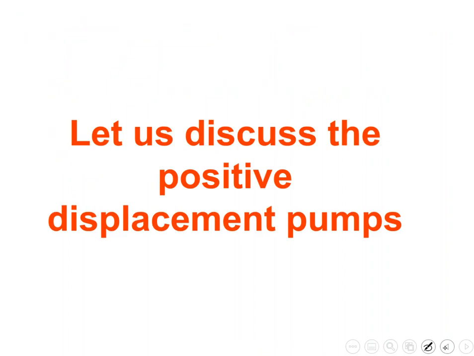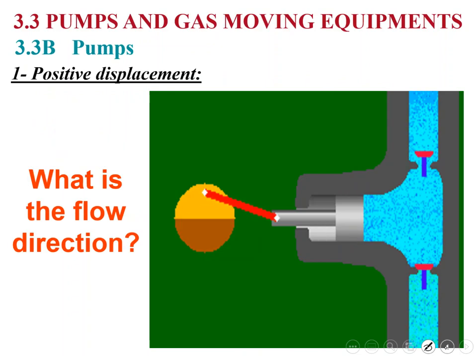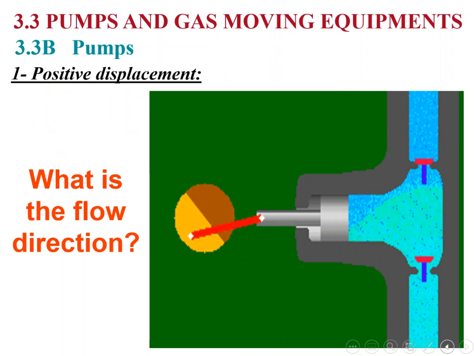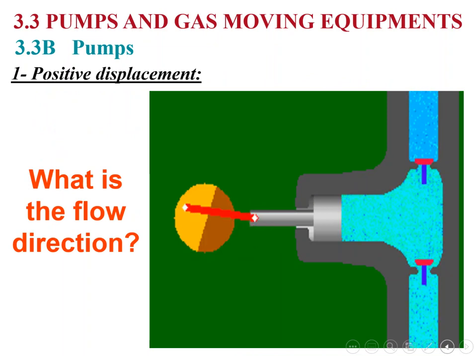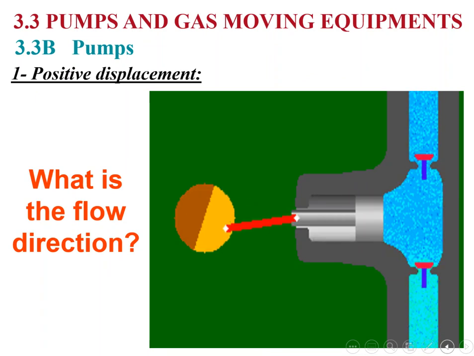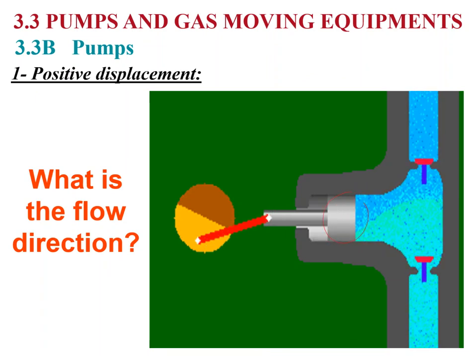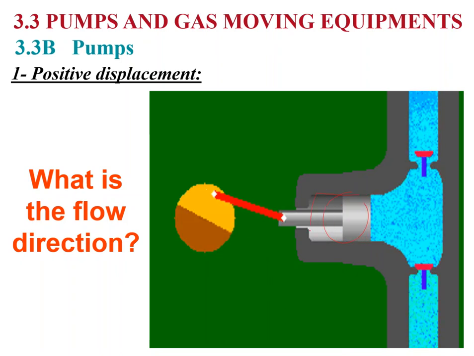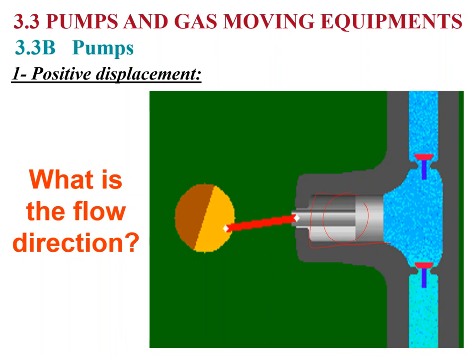Okay, so let us discuss the positive displacement pumps first. Now, suppose you have such a pump. As you can see, this is called a piston cylinder pump, because this is the piston moving, and this is the cylinder.